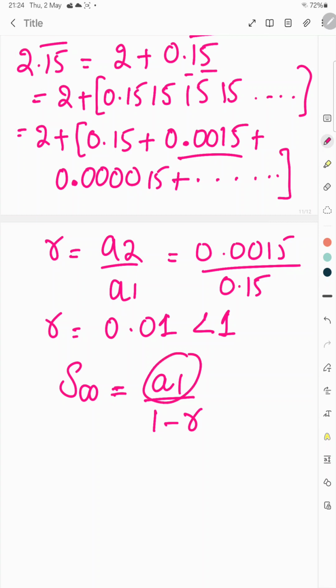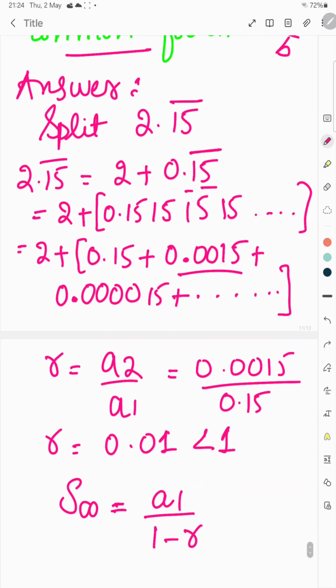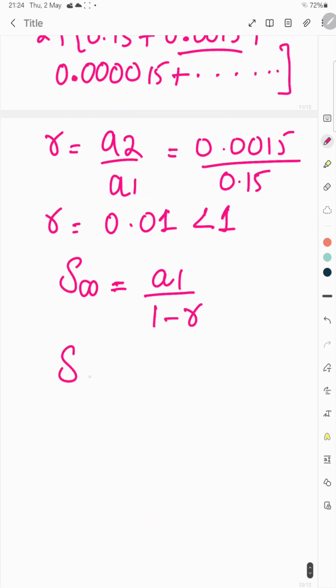Now what is A1? A1 is the first term of the sequence. So in this sequence the first term is 0.15, so I will write its value here, 0.15. 1 minus what is r, as I found r here? So r is equal to 0.01.